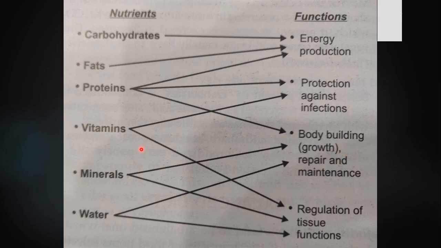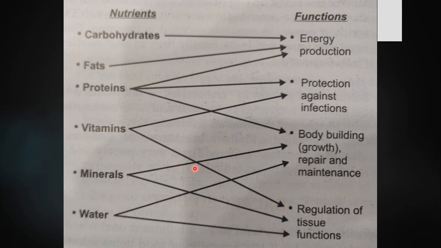Coming to the vitamins, the topic under discussion today, on one hand they provide protection against infection, and on the other hand, the regulation of the tissue functions. I told you some of the vitamins act as coenzymes, and this is how they are helpful in the regulation of tissue functions.